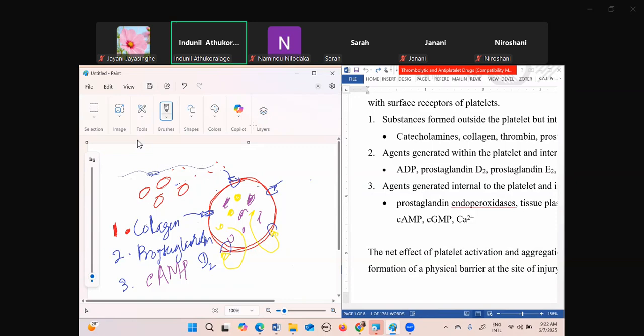And the third type is produced internally, but also interacts internally. They will not react with the receptors, but they interact internally and activate the platelets. Examples are cAMP, calcium, prostaglandin endoperoxidase. Is it clear now?